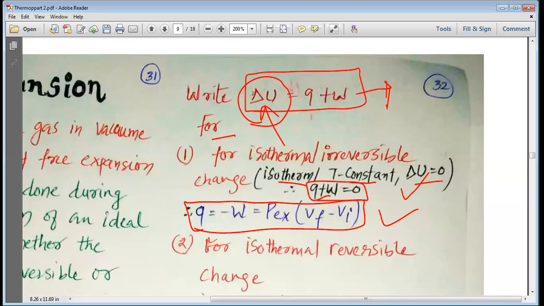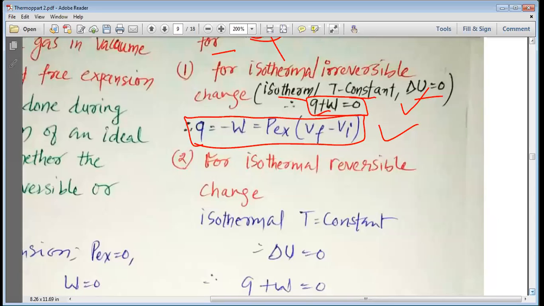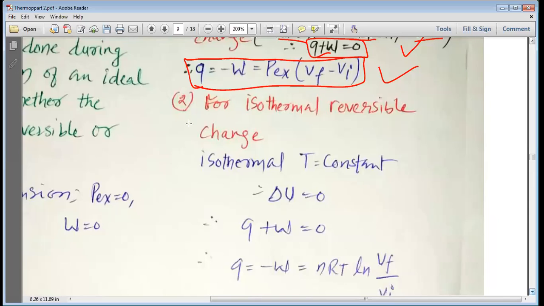Yes, sir. So in today's class, my dear students, we have studied the formula to calculate the work done, or the heat changes in the various processes. Now if we think about the isothermal reversible change, T is constant.